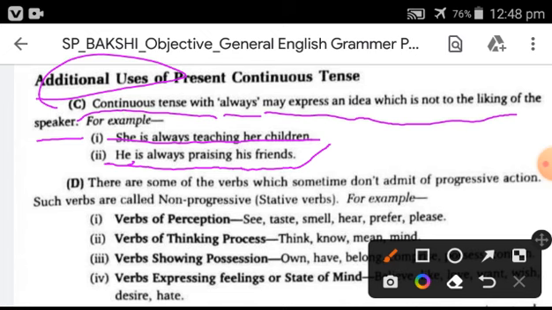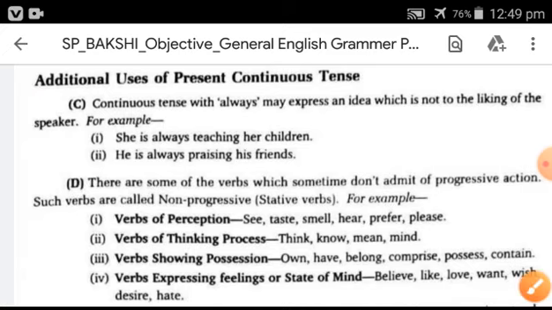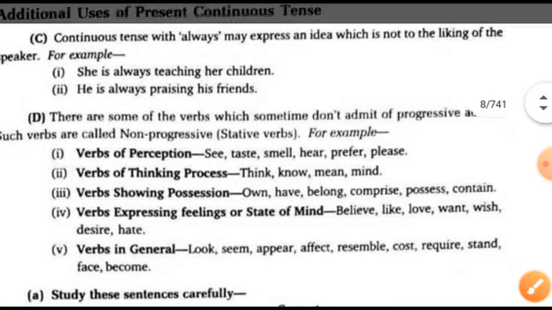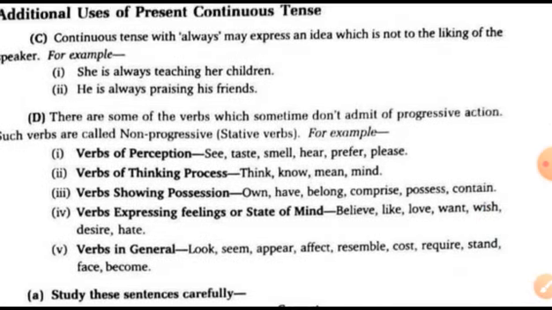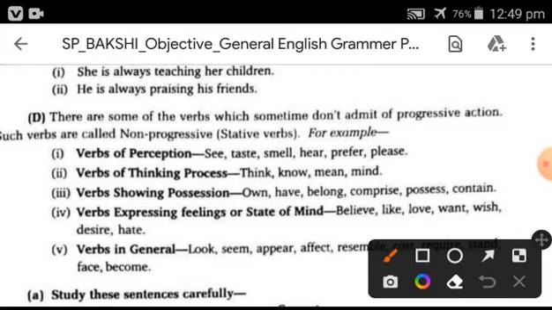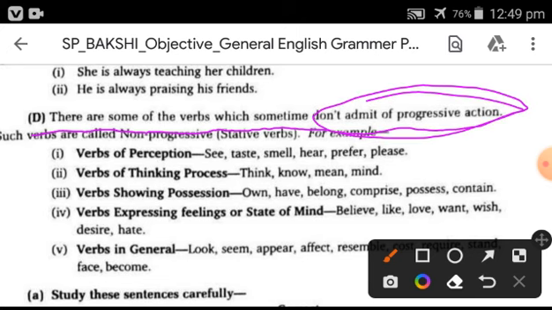And the fourth and last section of additional use is also written for you here. What does it mean? Let us check out. There are some verbs which sometimes don't admit progressive, and this is the most important. Listen to my words, the most important point regarding present continuous, or you can say continuous tense in the whole tense.